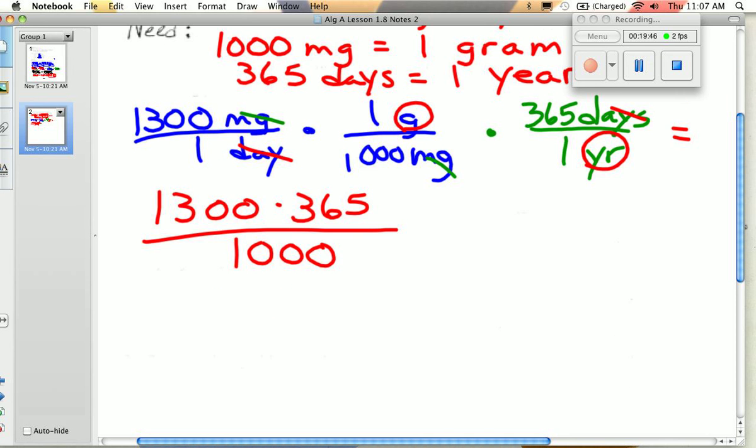Both of the other ones are 1, so we can just put the 1,000 down there. 474,500? Yep. Okay, everybody agree? Check it out. 474,500 over 1,000.